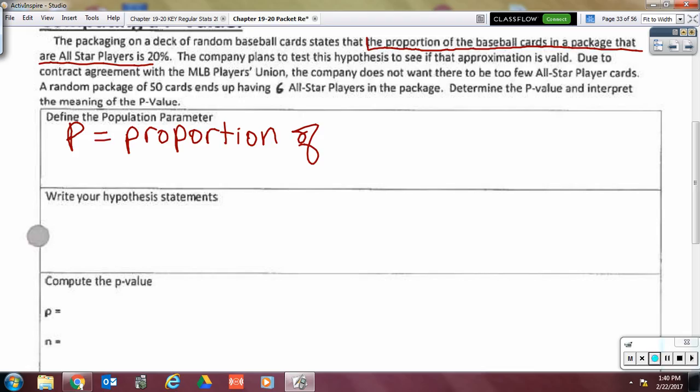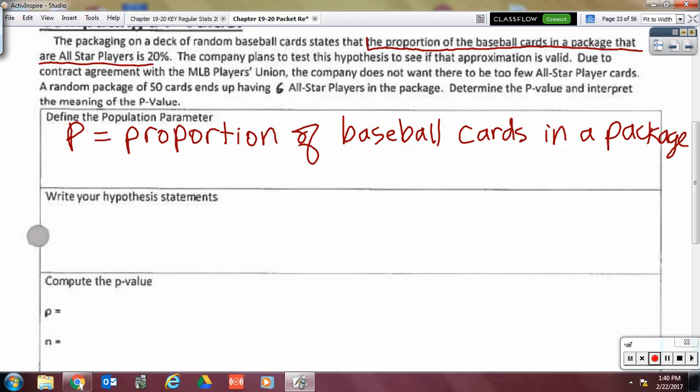Proportion of baseball cards in a package. Okay, is that the correct denominator, by the way? Proportion of baseball cards in a deck that are all-star players. Okay, good.